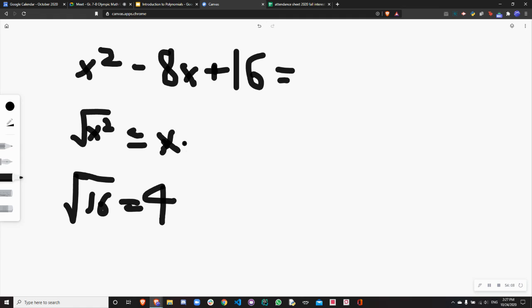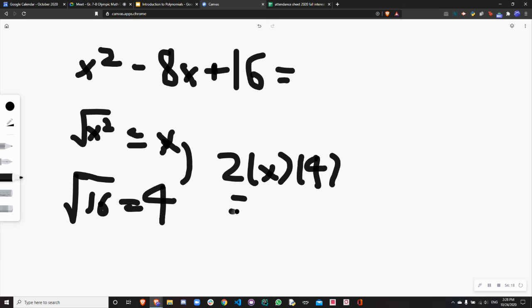And then we have to multiply these two terms together and multiply by 2 as well. So 2 times x times 4 only gives us 8x. If we want negative 8x, we have to add a negative to the 4. You can add it to x, but usually we don't put negatives in front of the variable, so we just add it to the 4.